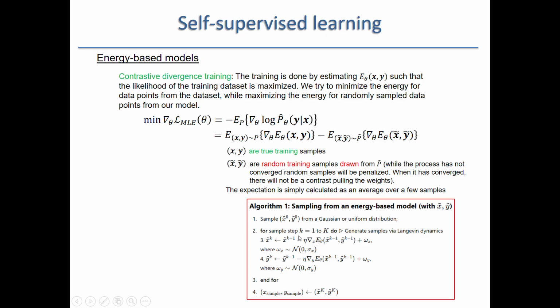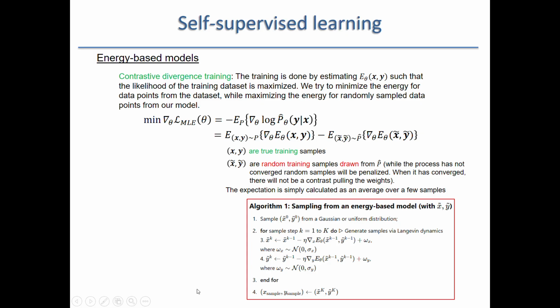In these iterations we update our drawn samples by trying to make them more likely. This equation tries to make the random sample more likely with respect to the energy.